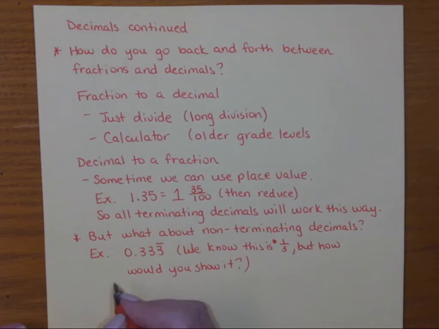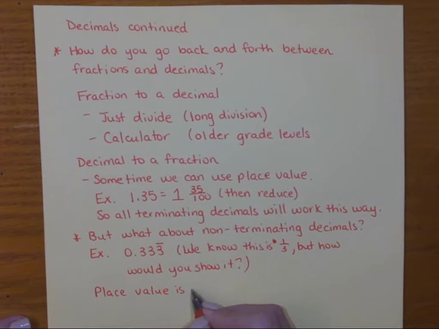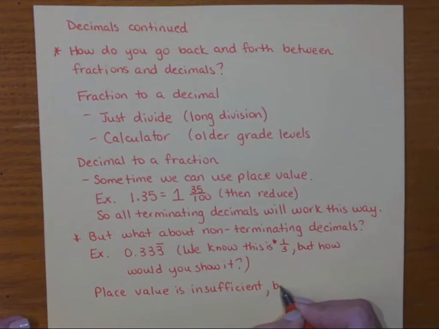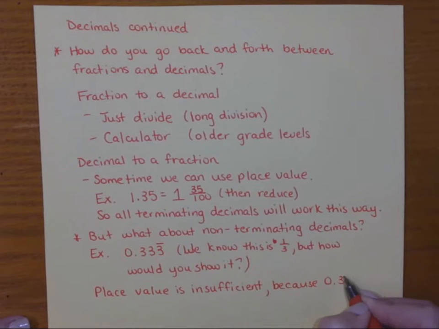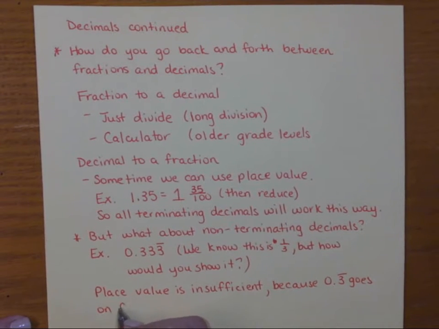Notice place value is not sufficient to discuss a non-terminating decimal, because 0.333 goes on forever. It doesn't stop at any particular place value.